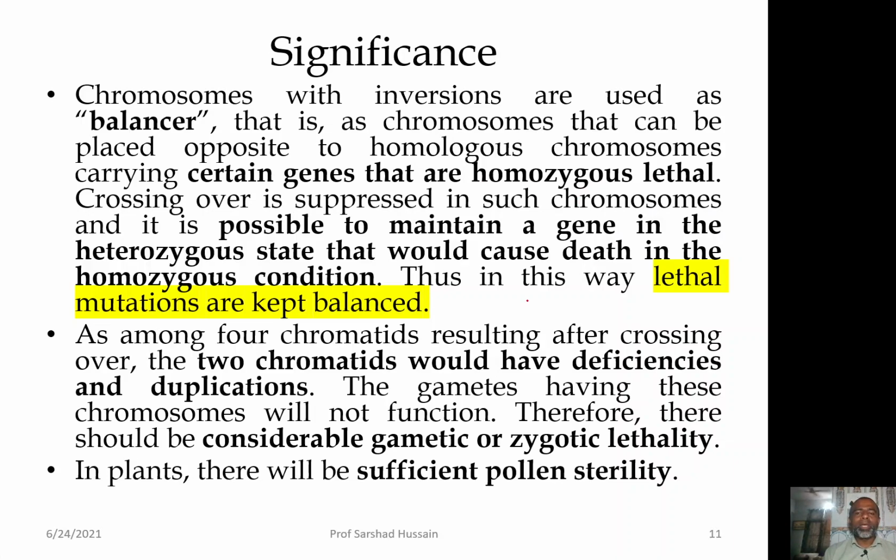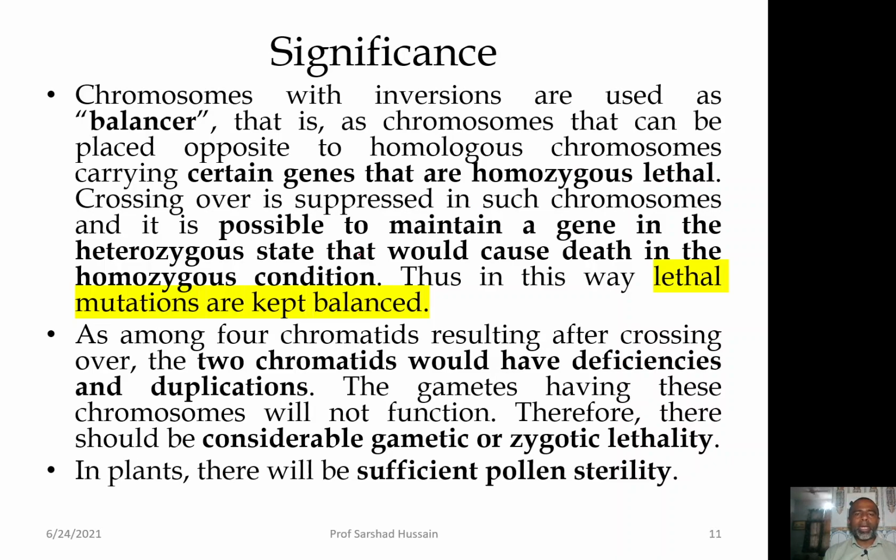In this way you can say that the lethal mutations are kept balanced, that otherwise because of the crossing over, the homozygous condition may be reached, and in the homozygous condition both the alleles may become lethal and the individual may die.